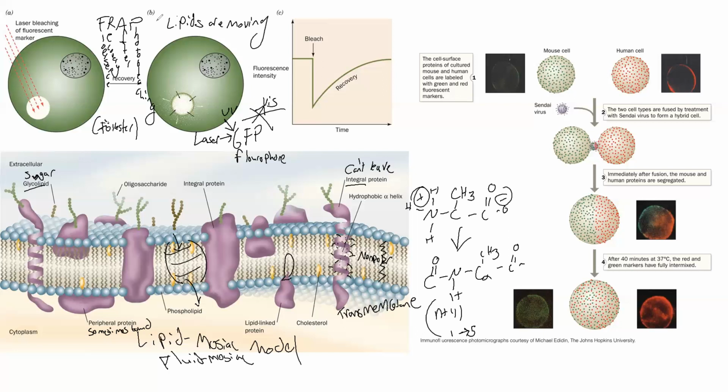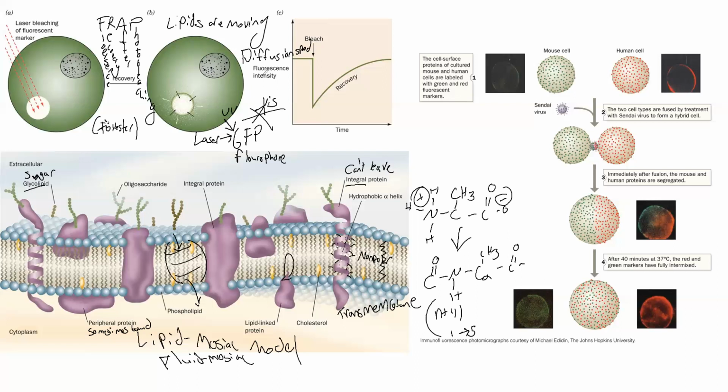You can also do this with proteins, and that's a common thing for proteins, where if you want to measure something like diffusion speed, that's another good use for FRAP. If you're looking at a specific protein in the cell, you make it so all the copies have a fluorophore on it.